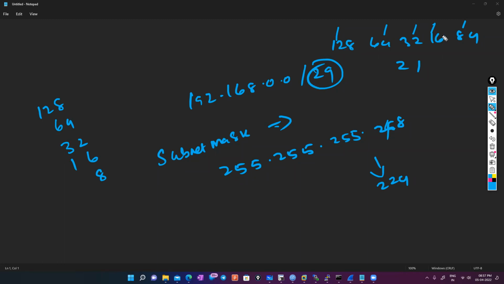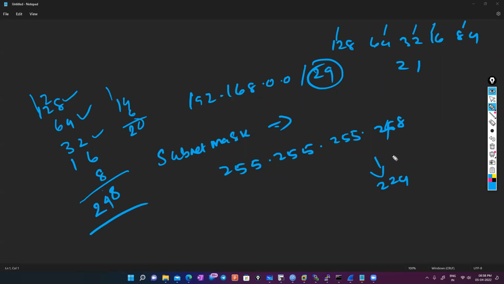So I have to calculate all these values to get the subnet mask value. 248 is the correct answer.